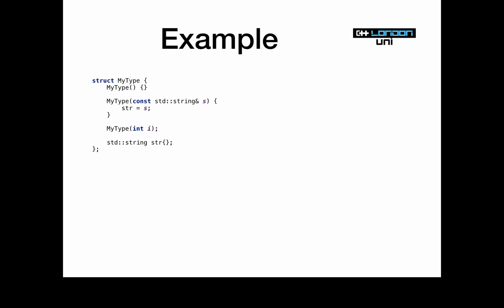And your braces, sorry, str braces, right? Yes. So what this says is that by default we just want to initialize it with an empty string. We'll get on to exactly what this does. This is called the default member initializer.